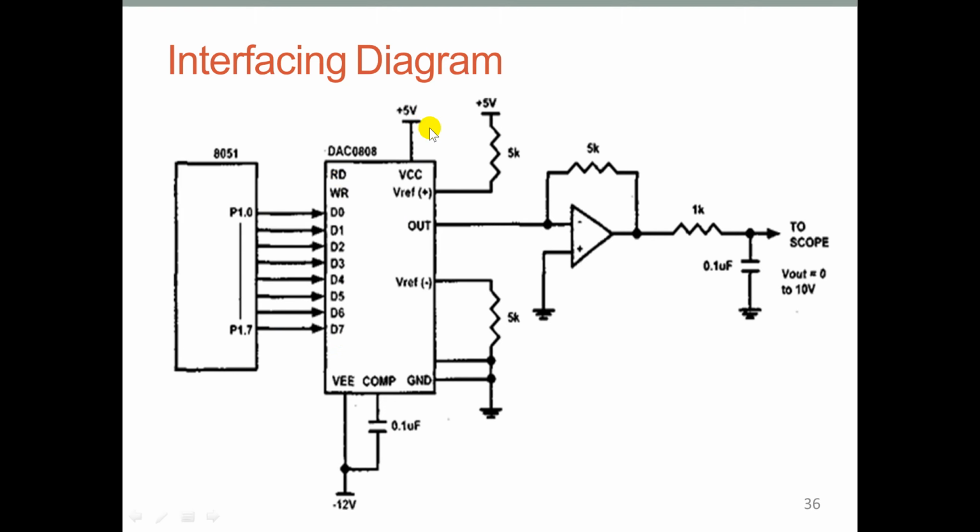This is 5 volts VCC, and this is the grounded reference. There is an amplifier, and we connect it to a CRO to see the output. Using the DAC, we can construct triangular wave, square wave, sine wave, sawtooth wave, ramp wave, etc. Only thing is, we need to code accordingly.